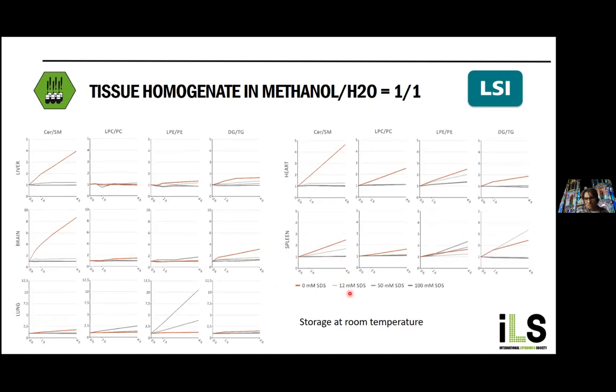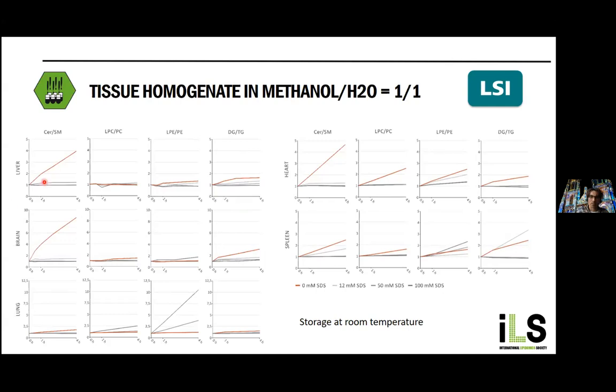And we tested SDS as a stabilizer, and you see in most of the tissues it worked quite well to add some SDS to stabilize these samples. But this should be just a remark that you cannot trust that your samples are stable by adding some kind of organics.